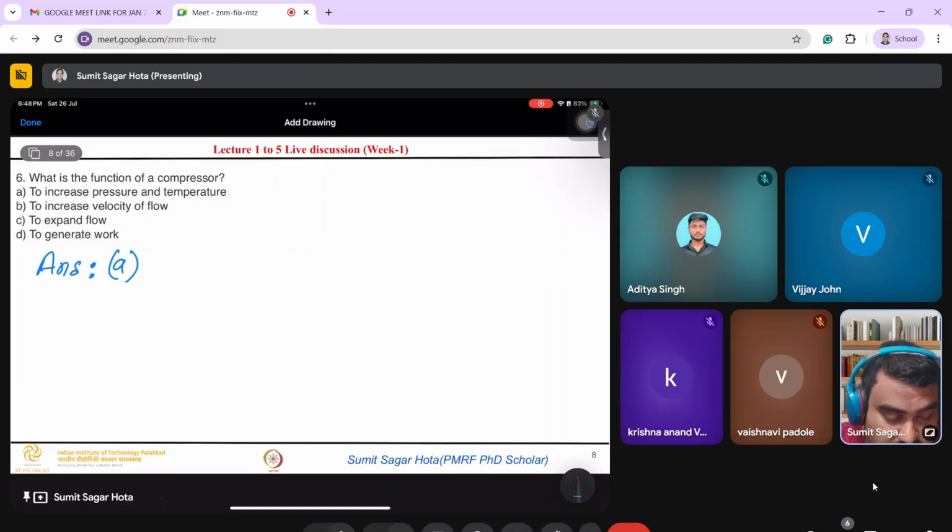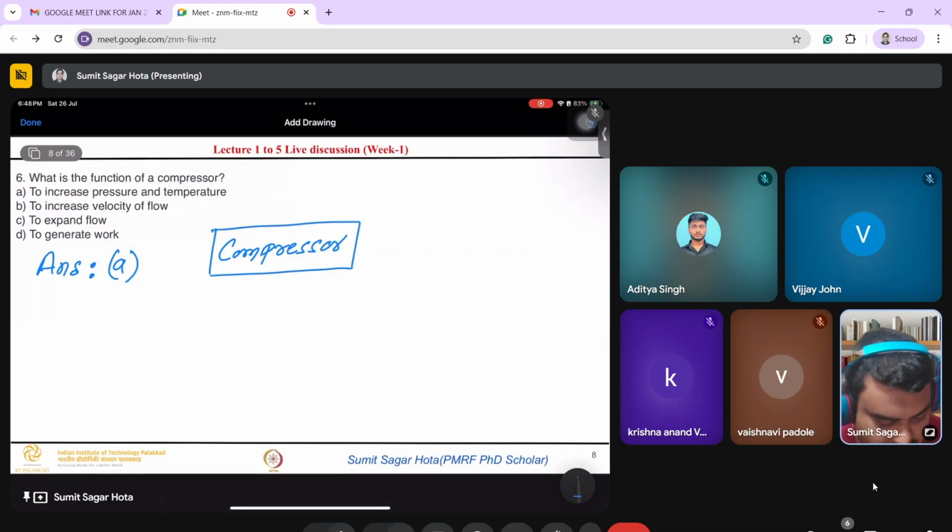There will be a decrease in the velocity. Okay, so that's what we want, for the turbine.